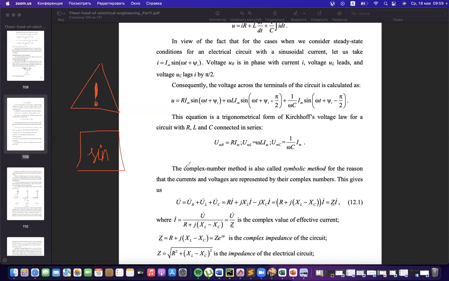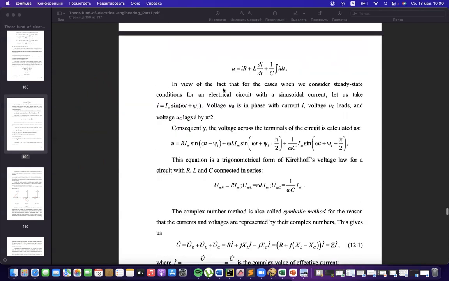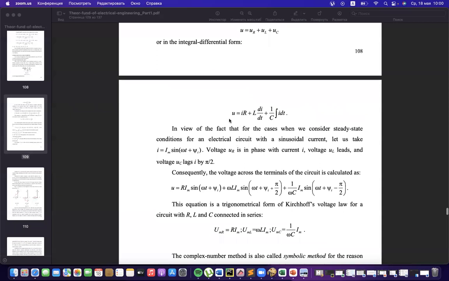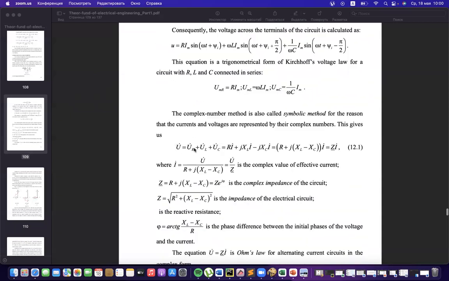If your current is not sinusoidal, if it is another alternating current, for example, exponential or non-sinusoidal with some disturbances, this mathematics will not work. It works only for sinusoids.